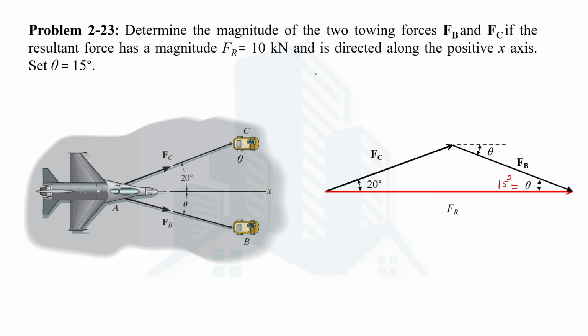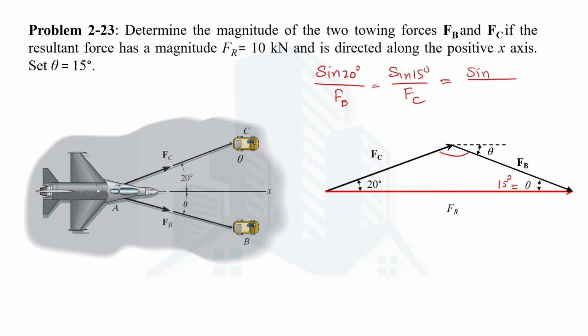We'll just use the law of sines. So sine of 20 degrees is divided by the opposite side, which is Fb, and sine of 15 degrees is divided by the opposite side, which is Fc. Now the sine of the remaining angle: you know that in a triangle the summation of interior angles equals 180 degrees.